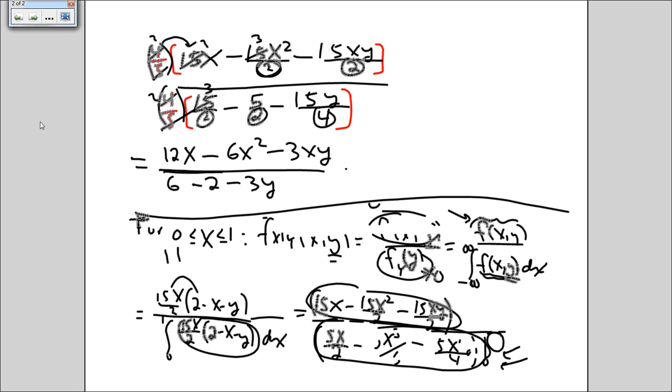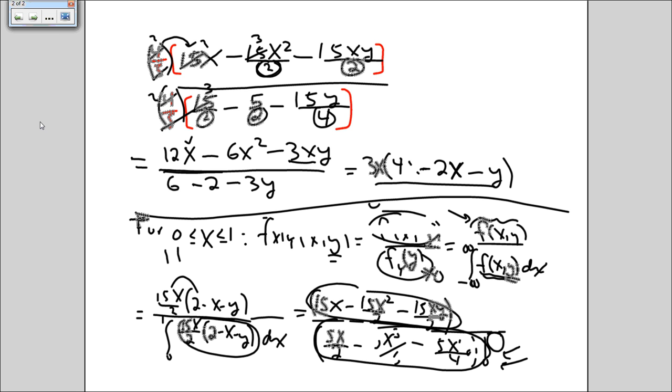Now, I can factor out a 3x from the top. 3 times 4 is 12 times x is 12x, minus 3 times 2 is 6x squared, minus I have this 3x, I just need the y.